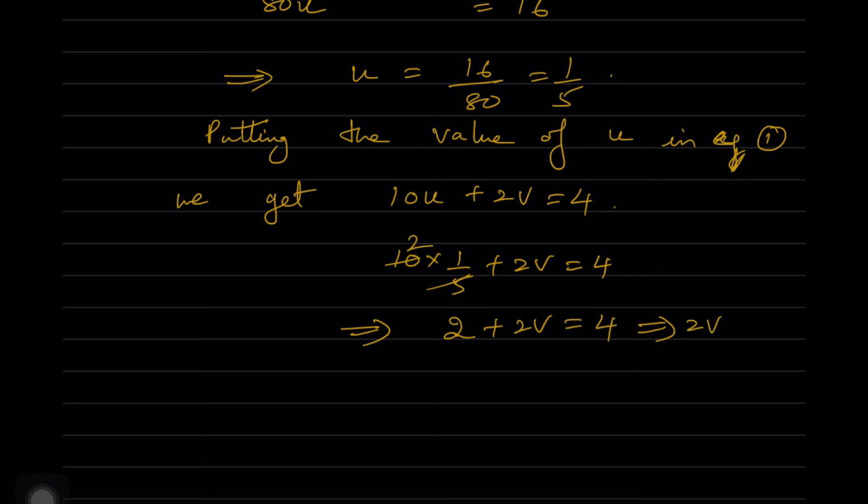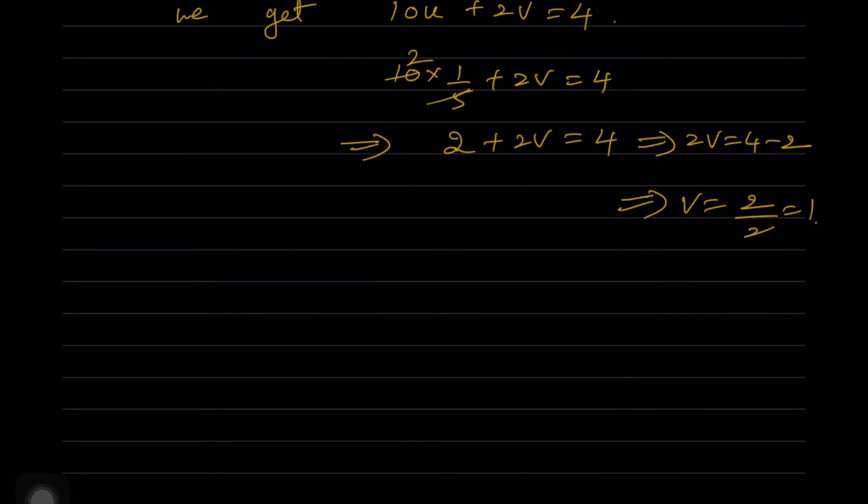From the following steps we are getting v is equal to 1. We have here u is equal to 1 by 5 and v is equal to 1. So 1 by x plus y is equal to 1 by 5, that is u, and 1 by x minus y is equal to 1.